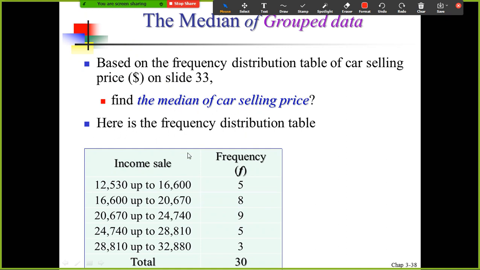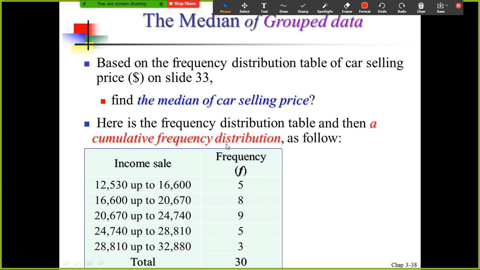So we have this one. This is a frequency distribution, car selling price and number of cars sold within each selling price class. So in order to find the median selling price of the car, first you need to find the cumulative frequency distribution.